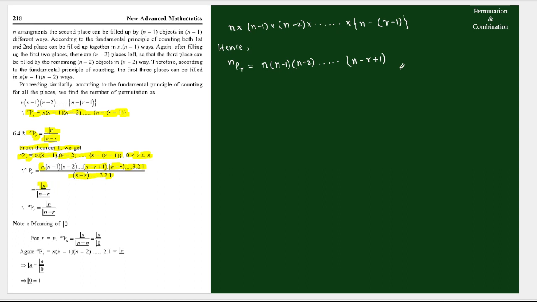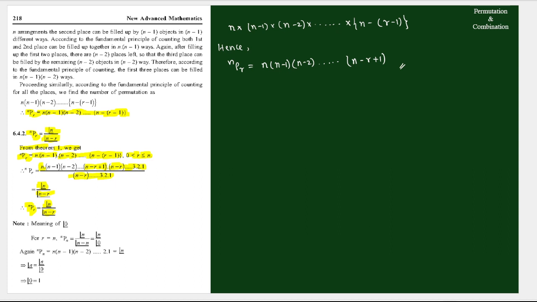And the denominator starts from n minus r and goes up to 1, a continued multiplication, which is factorial of n minus r. So we have got nPr can also be written as factorial n divided by factorial of n minus r. This is a very important formula.